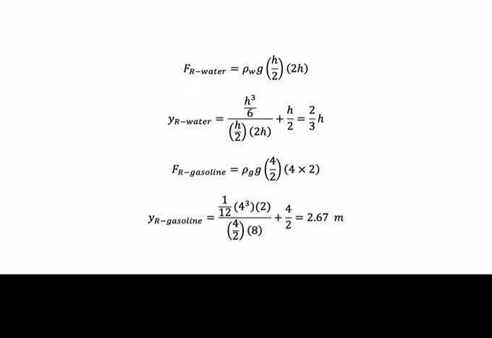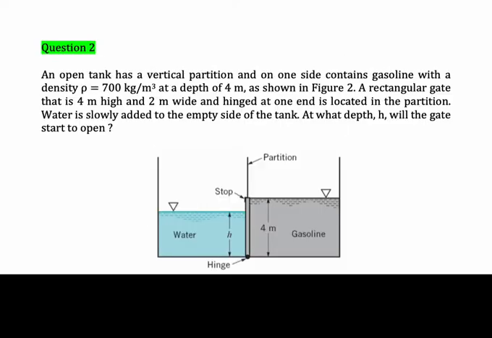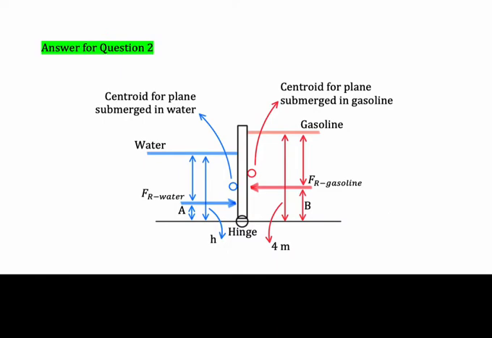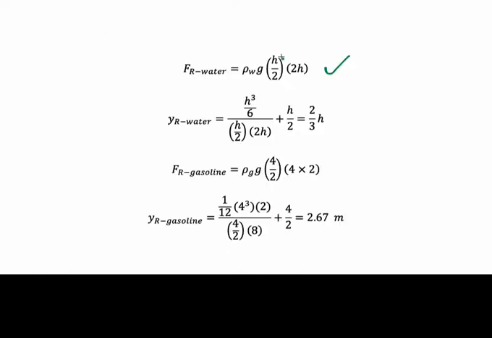Then we could calculate the resultant force due to the water by using the equation rho g HC A. In this situation, because the question needs us to calculate the value of H, HC here is H divided by 2, and the area here is 2 times H, where 2 meter is the width of the gate.